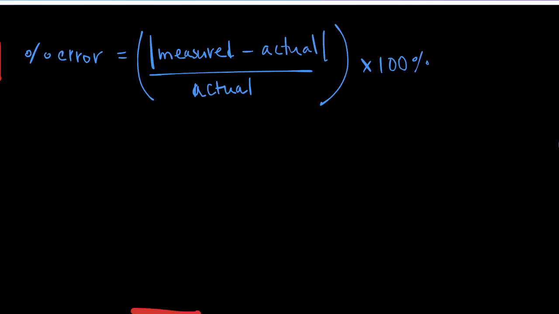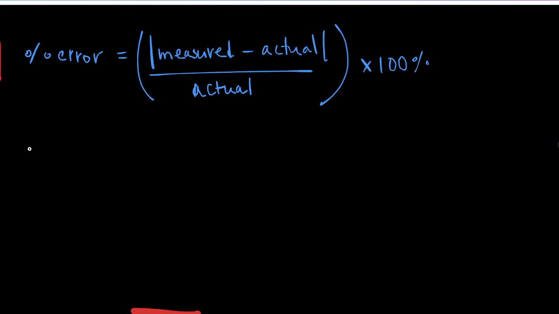Let's say that your lab group found the density of aluminum to be 2.65 grams per centimeter cubed, and we know that the accepted value, or that expected value, is 2.70 grams per centimeter cubed. What is going to be our percent error? Well, the density that we found in the lab is going to be our measured.